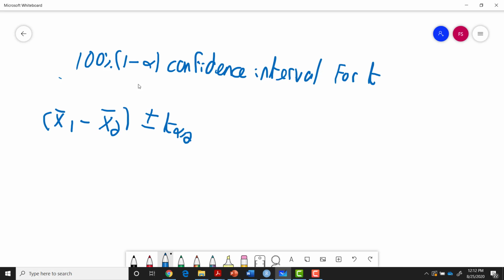Now this time, as we're combining distributions, we have n1 plus n2, but we've calculated 2 means this time, so we lose 2 degrees of freedom. So the degrees of freedom is n1 plus n2 minus 2.